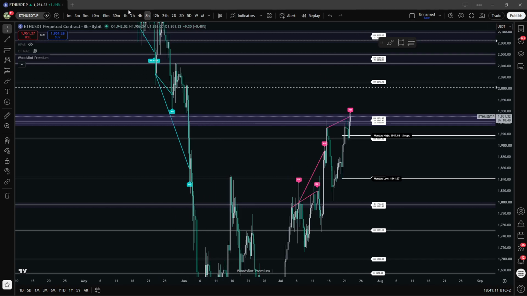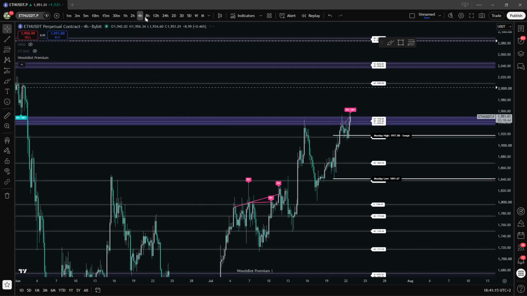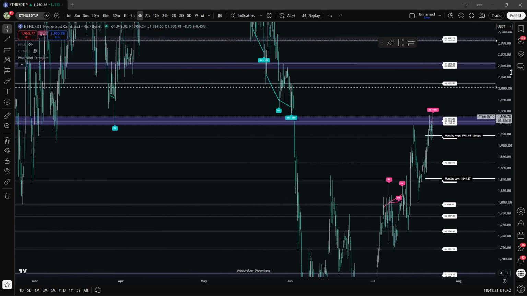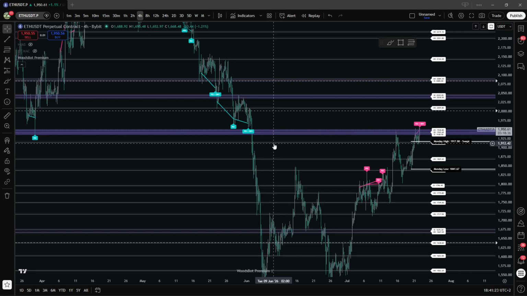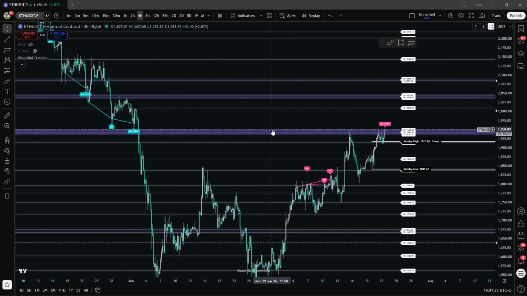But yeah, Ethereum has more heavy resistance above it than Bitcoin has, right? So if you were to look for shorts, I would also look for shorts more on Ethereum than on Bitcoin. What is your stop loss again? What is your stop loss, big man?